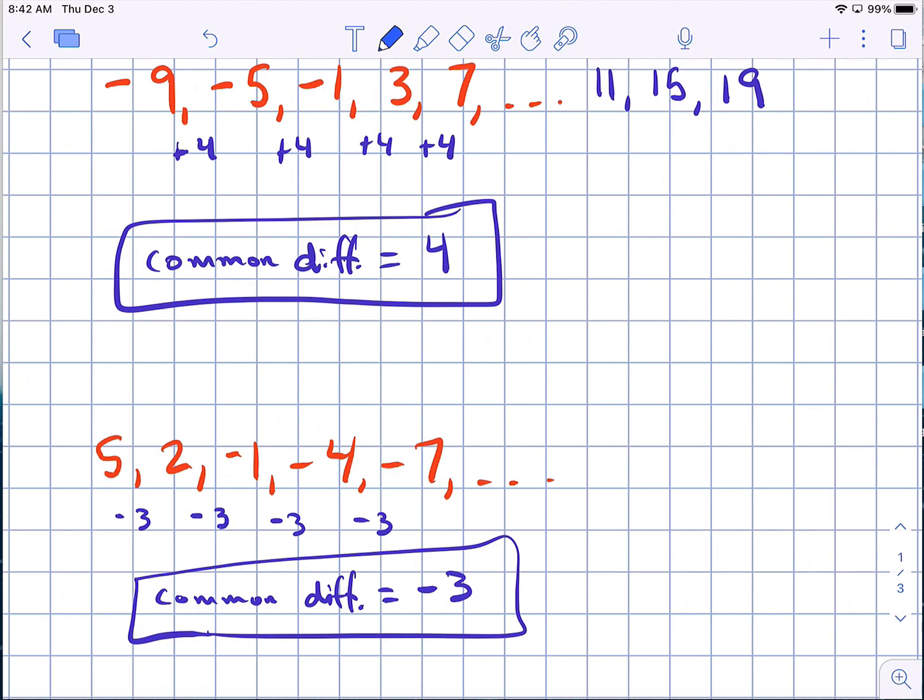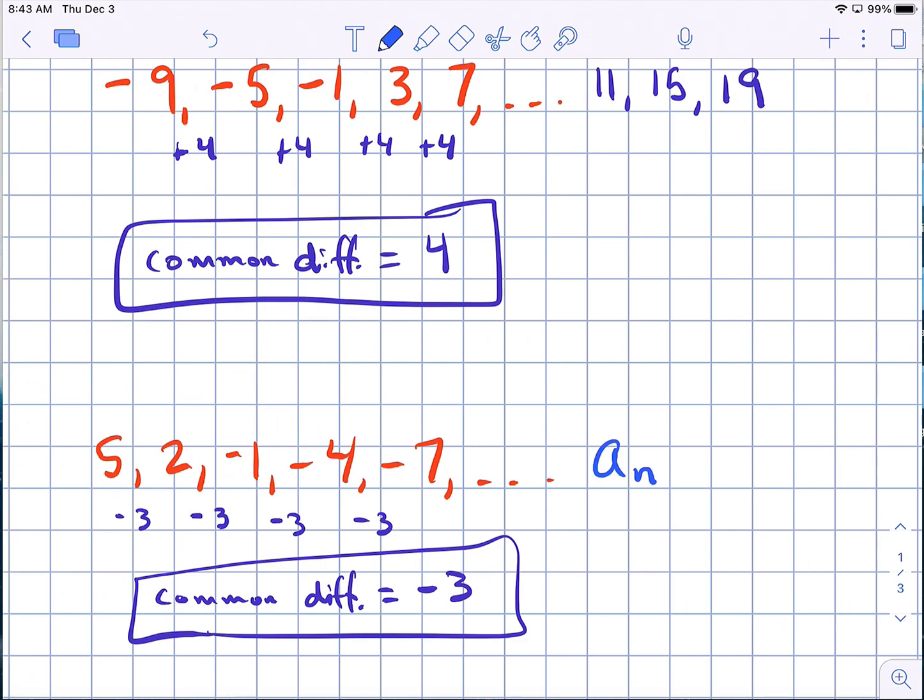In algebra, to represent what we're trying to find, if I continue this pattern, I could keep going and find the 10th term, or the 20th term, or whatever term I wanted to find. The number in the pattern that I want to find, the term, we represent with a of n.